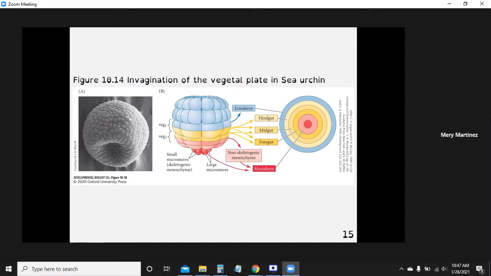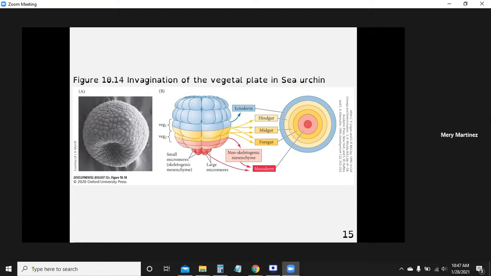So the central point becomes non-sclerogenic mesenchyme cells. These are the ones with a little more pinky color over here, okay? The concentric cells around become the foregut, midgut, and hindgut.